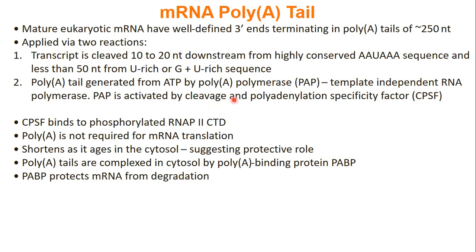Now what's interesting is that you actually don't need poly A for this mRNA to be translated. And what happens is that this tail will be shortened as it ages in the cytosol, which suggests that this tail is protecting the mRNA from being destroyed from the 3' end. And in the cytosol, these poly A tails actually bind another protein called the poly A binding protein, or PABP. Again, this protein is preventing your mRNA from being destroyed.